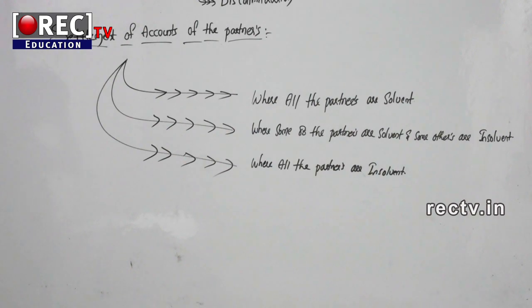So friends, when all the partners become insolvent, it means the firm has a lot of liabilities. It can't pay whatever it has. So they asked the partners to bring cash from their own estate to pay our outside liabilities. In this situation, partners said, we are also insolvent, we don't have any private estates.